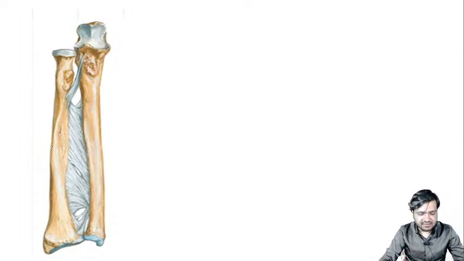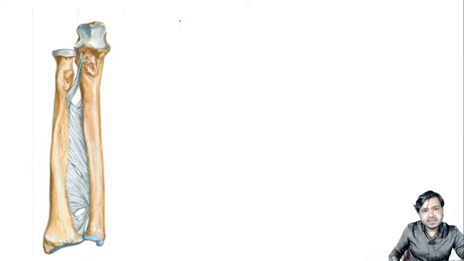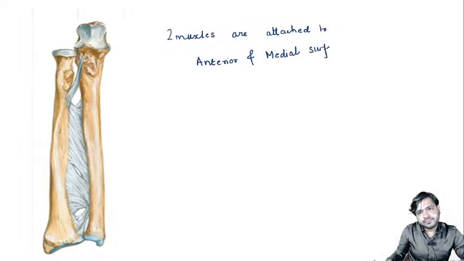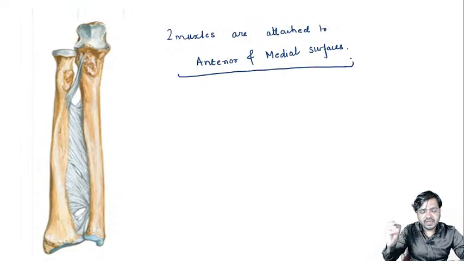कि एंटीरियर सरफेस पे बेसिकली टू मसल्स आर अटैच्ड टू the anterior and the medial surfaces. Two muscles are attached to the anterior and the medial surfaces.